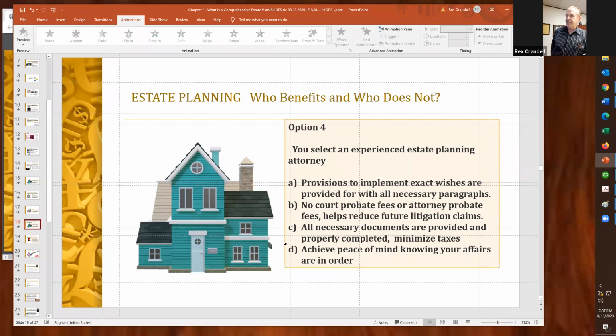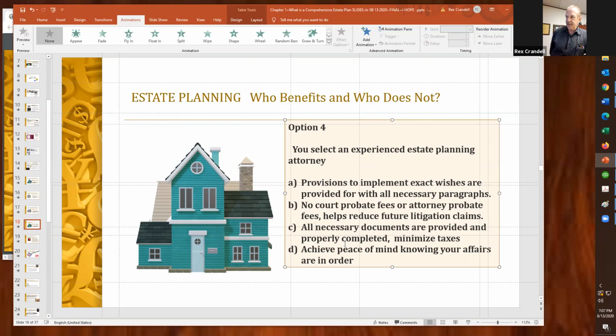Another option for estate planning is to hire an estate planning attorney. You get exactly what you're looking for in terms of all the paragraphs. There's no probate fees, and the attorney's fees to prepare an estate plan are vastly less than would be required if you had a probate.